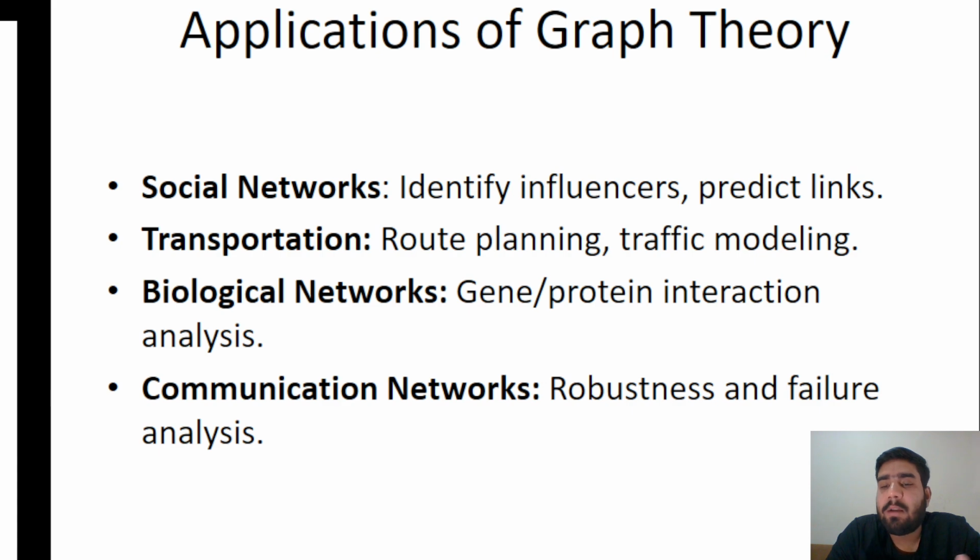In traffic systems, it helps us find the best route, in route planning, traffic modeling, etc. In biology, it helps show how proteins and genes are connected. In computer network communication, it helps to make a network strong and avoid failures. So these are some basic applications of graph theory.